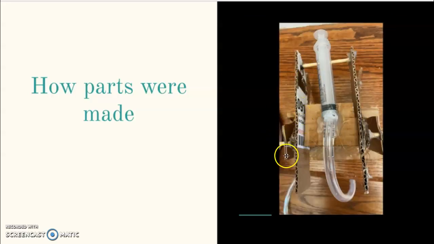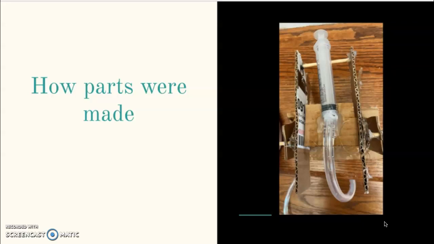So this is the cardboard structure with the syringe and tube contraption already attached. I created the cardboard structure by cutting up the dimensions that I needed and then cutting the skewers and then gluing it together.